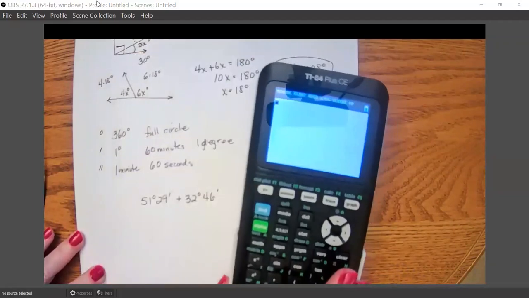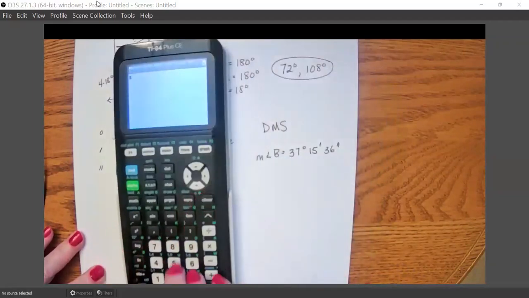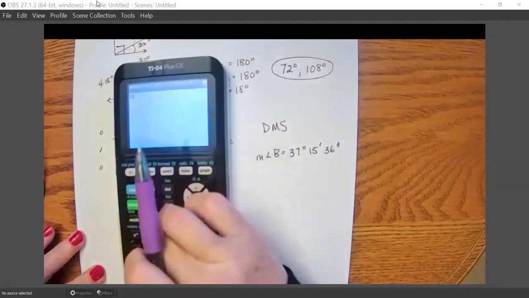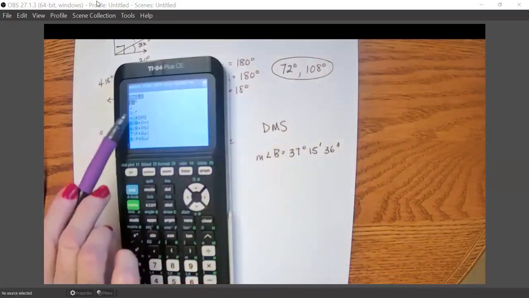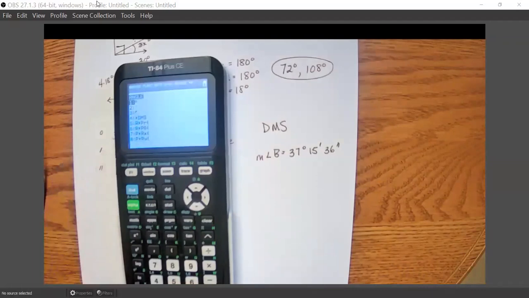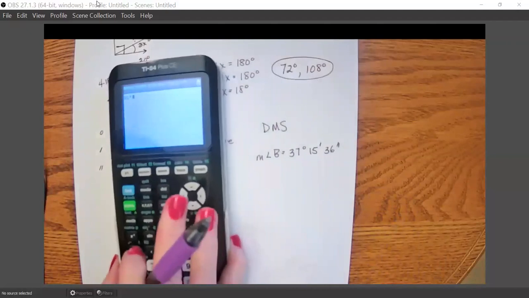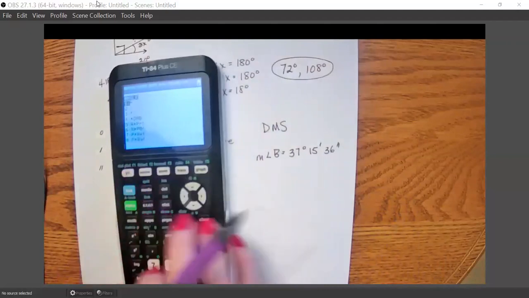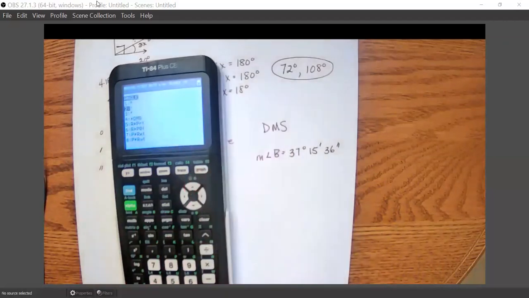So what was it? 51 degrees. I'm going to type 51, and then I'm going to do second angle. And do you see the first operation is the degree symbol? And then we had 29 minutes. You're going to go to second angle, and your second option is the single tick.